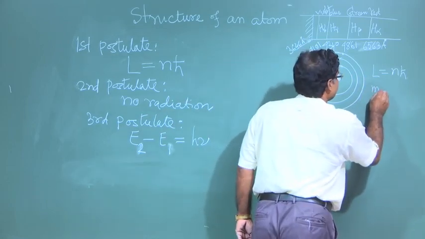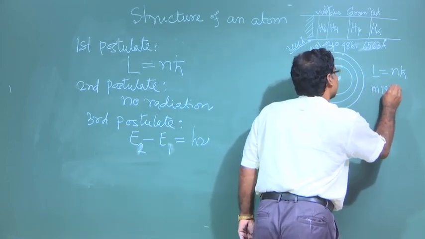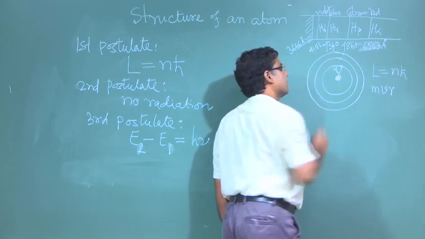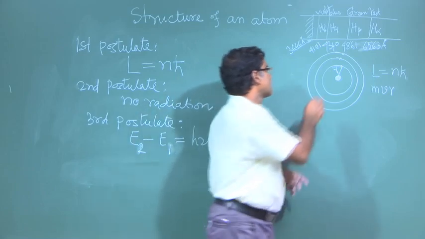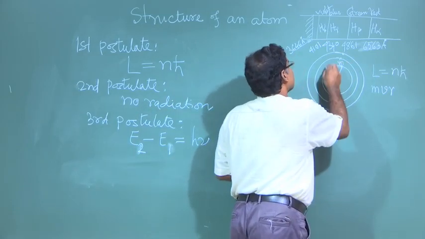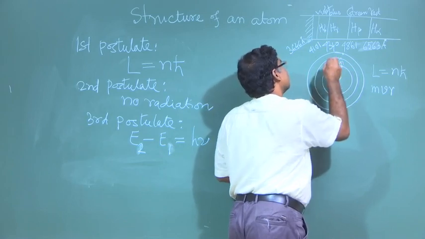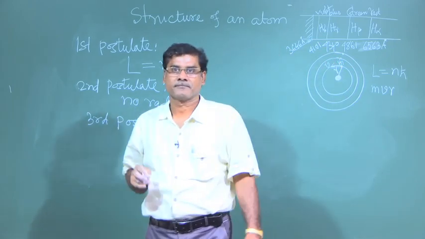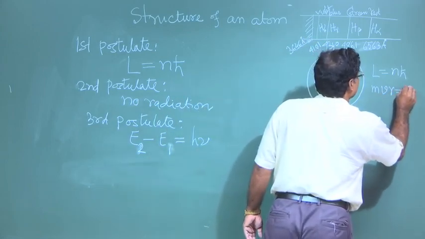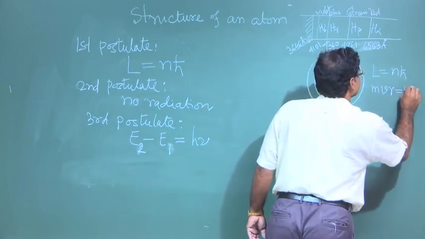So, that is basically mvr. Okay. If the radius is r, the mass of the electron is m, and its velocity is v, then mvr equal to n h cross.